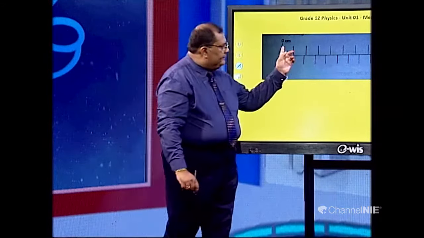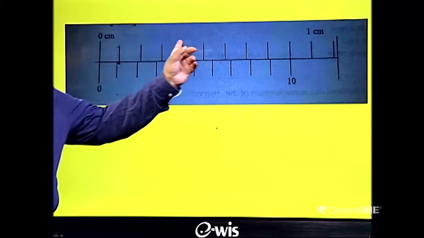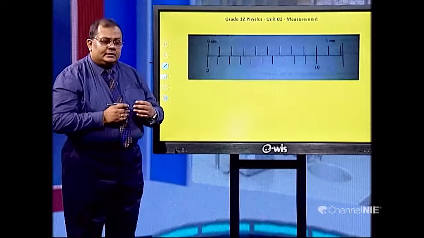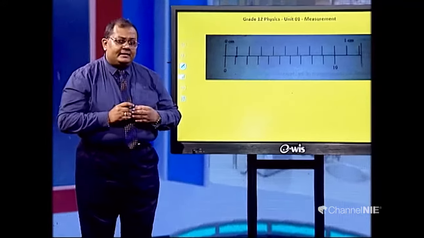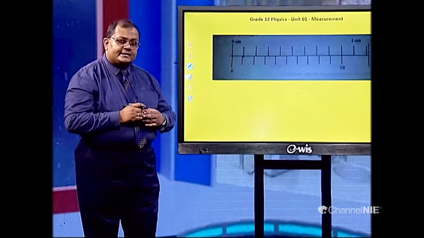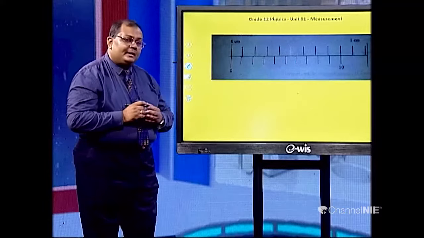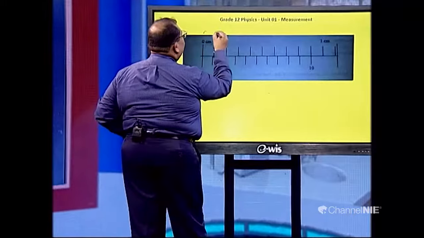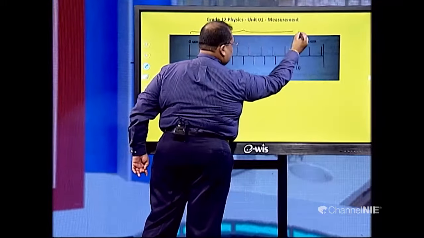I gave here 1 centimeter length, from here to here. 1 centimeter is a very small value, so I drew an enlarged one. First I am going to take a certain distance from the main scale. For example, I am going to take 9 millimeters.